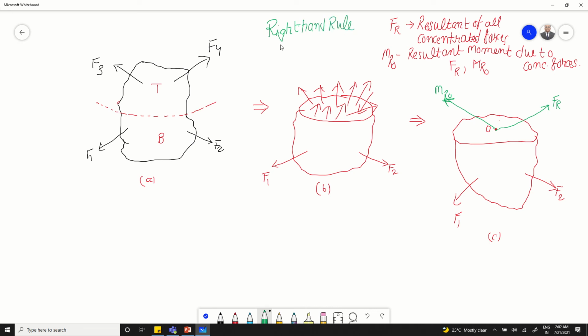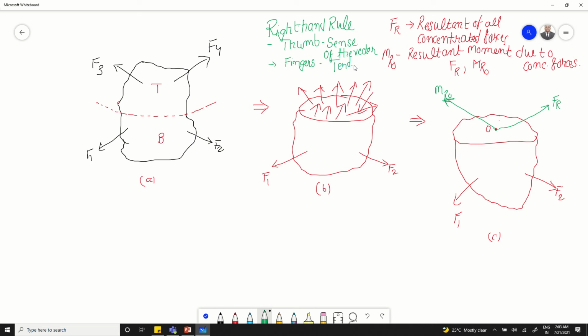Under this right hand rule, the thumb shows the sense of the vector, or the arrowhead sense, or simply the direction of the vector, whereas the fingers show the tendency for rotation, or twisting or bending.